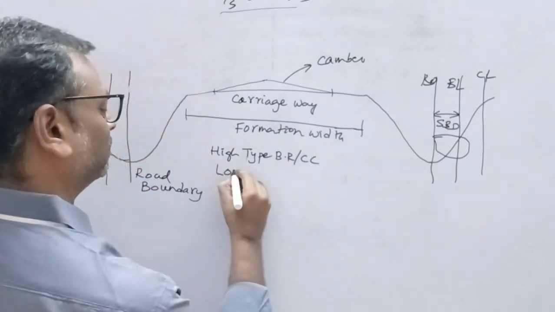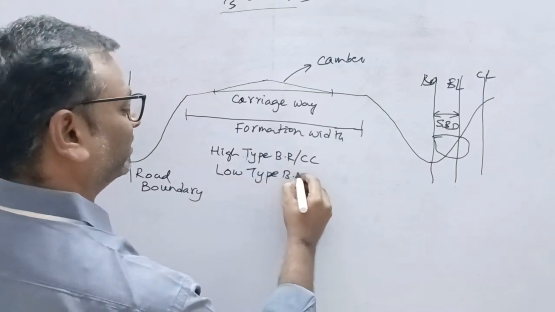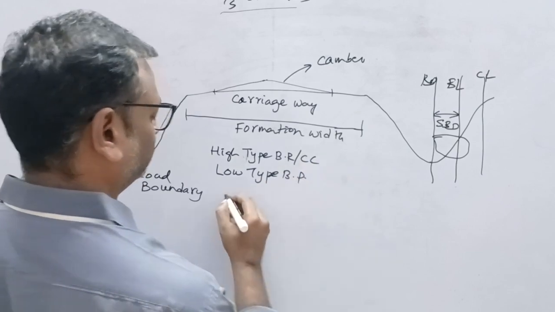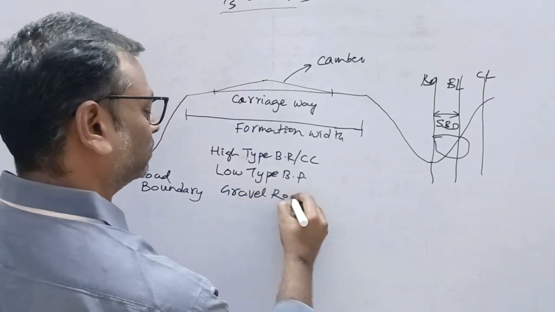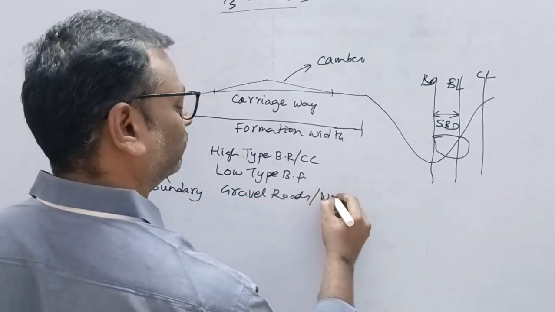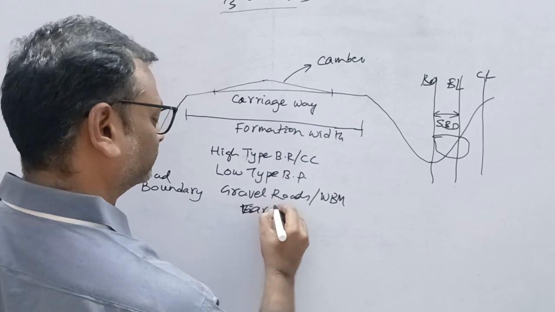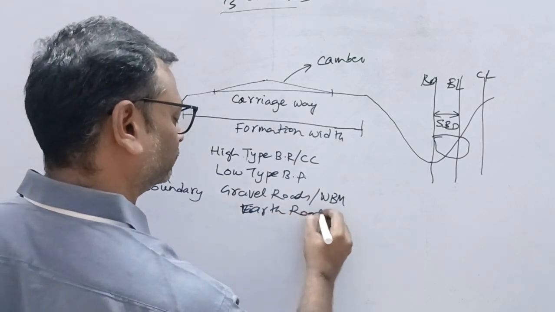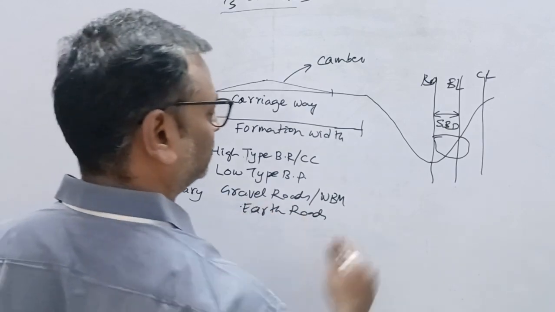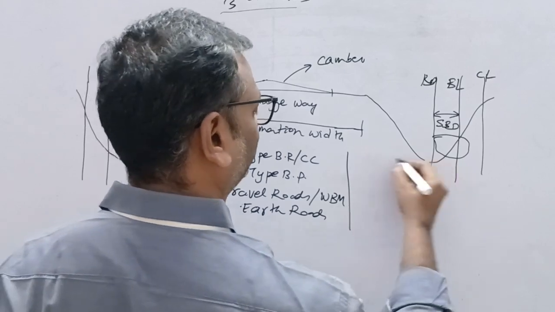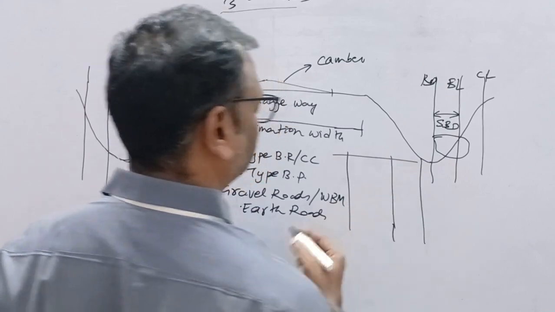And then low type bituminous pavements, and then we have gravel roads or water-bound macadam roads, and we have earthen roads. And now we have two types of rainfall, depending on the rainfall also.